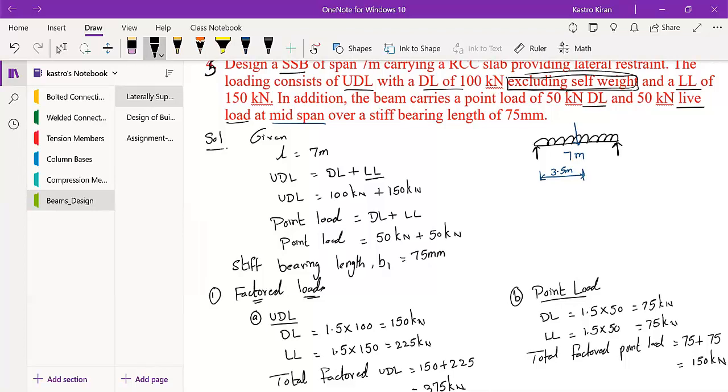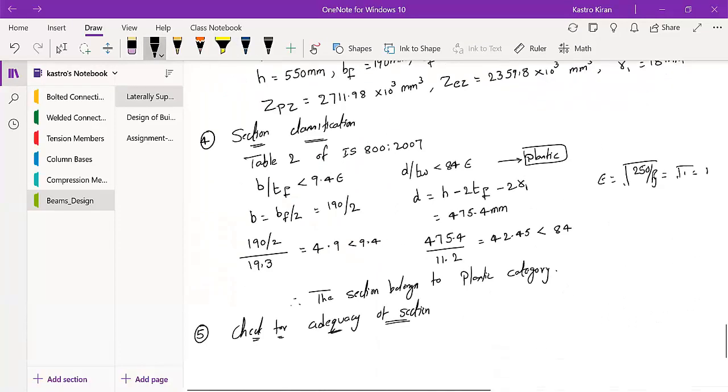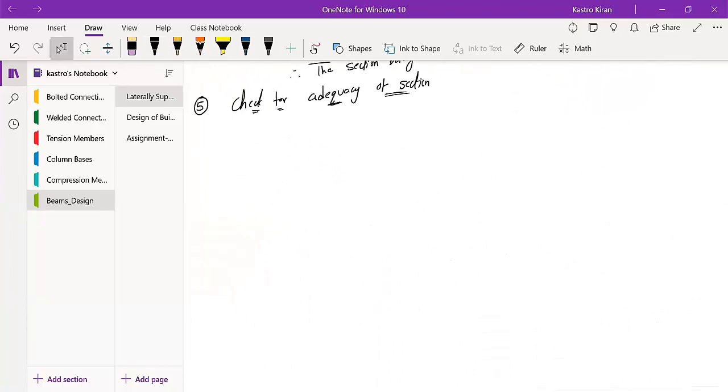So here you have to include the self-weight of the section. Any section will have the self-weight and also the dead load and live load. It's a combination of different loads. Since the self-weight is not given in the question, you have to assume the self-weight. So always assume the self-weight of the section in beams.